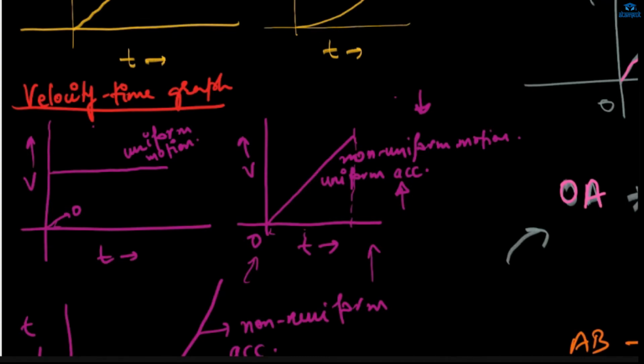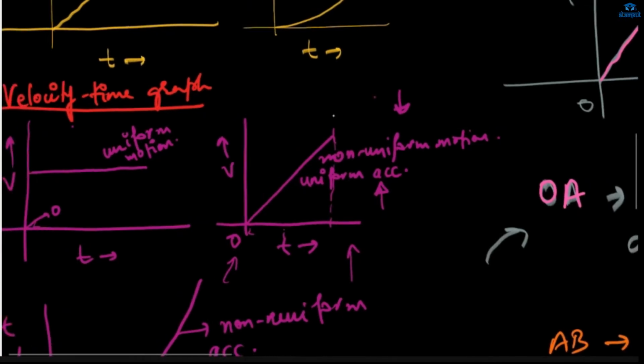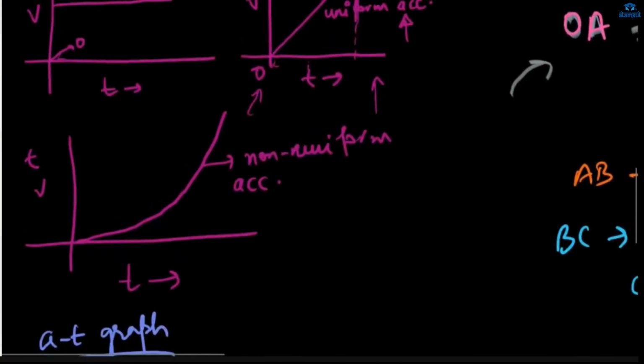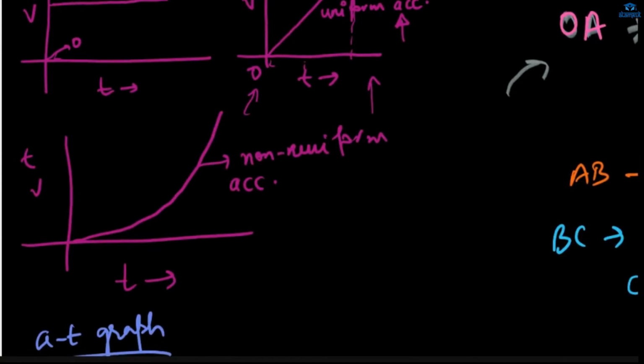It means that the velocity is the same throughout the journey. And if it is a straight line, it means uniformly accelerated motion, because velocity is increasing, but there is equal increment in velocity in equal intervals of time. And for this type of VT graph, the acceleration is non-uniform.